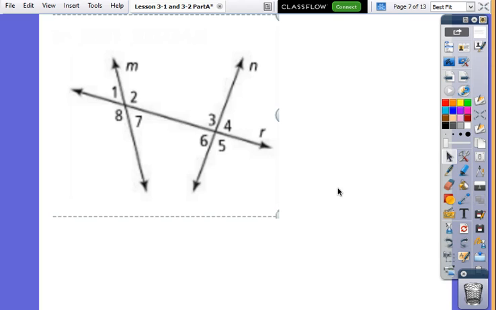What's the relationship between angle 1 and angle 3? What's the relationship between angle 7 and angle 3? And finally, what's the relationship between angle 1 and angle 7?